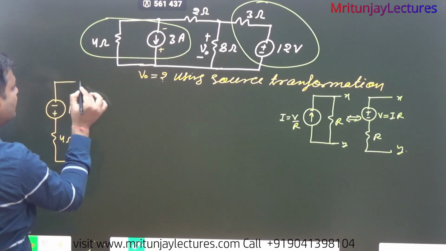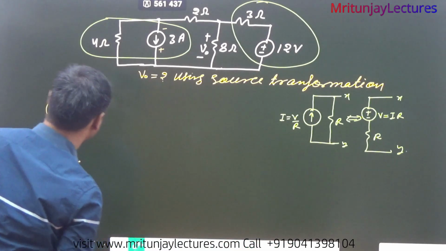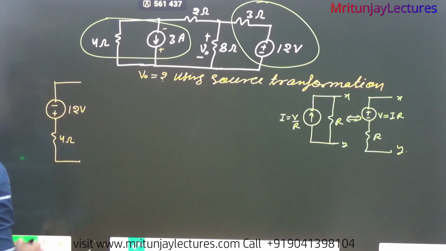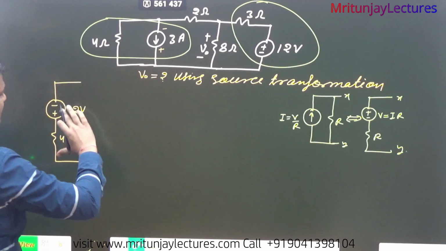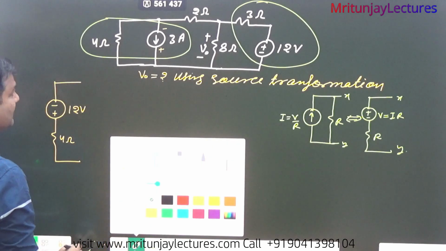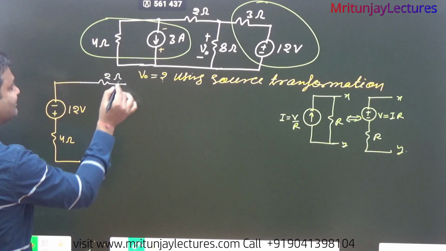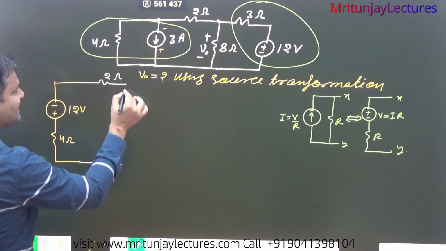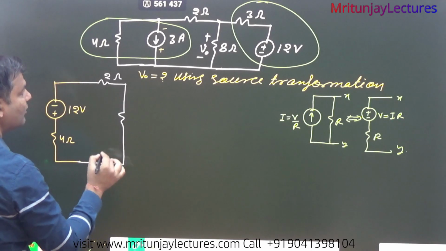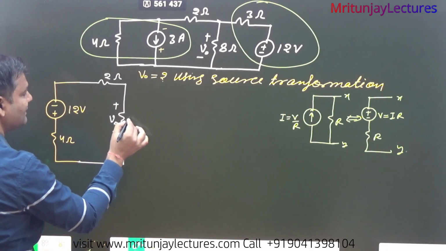Okay, and that resistance, this one is converted, then that one like that. After that, that is 2 ohm, and this one is plus minus V naught, and that is 8 ohm.